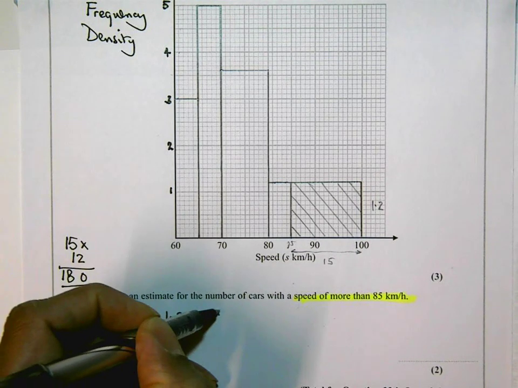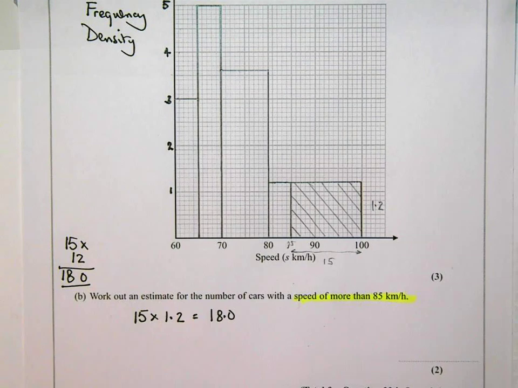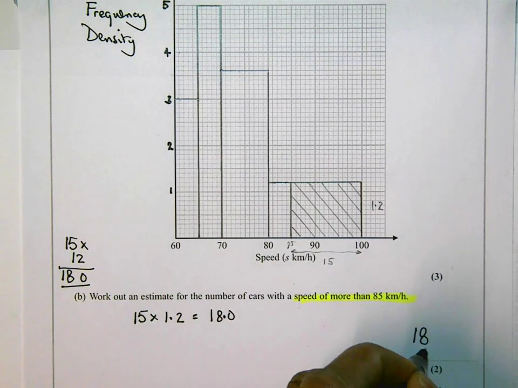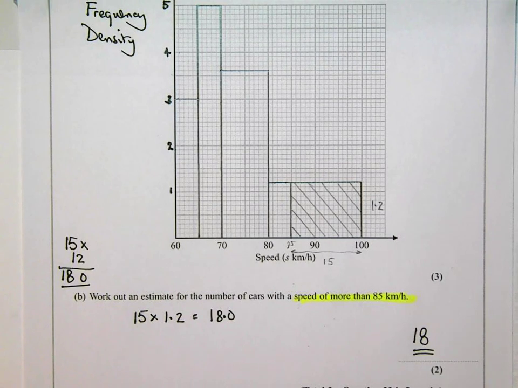So my overall answer is going to be 18 cars had a speed greater than 85 kilometers per hour. Now, really popular this question is. Make sure you're familiar with it and you're able to do it, and you could pick up easily 5 marks here towards the tail end of the paper. Okay.